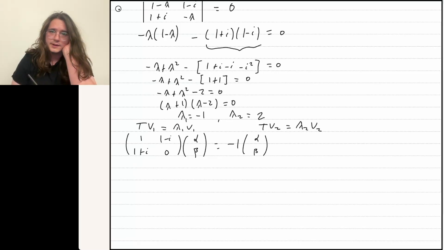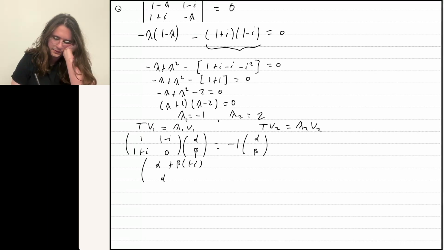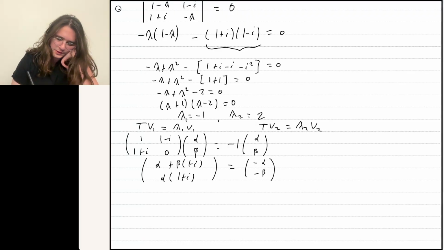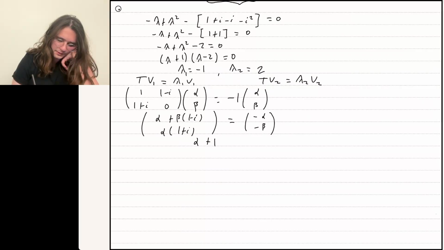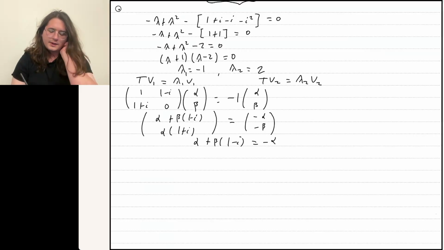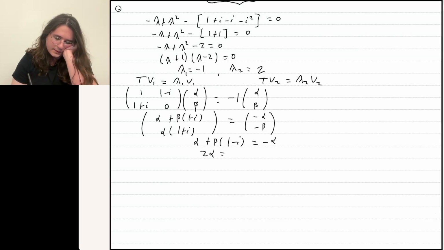Carrying out the matrix multiplication on the left hand side, we have alpha plus beta times 1 minus i, and then alpha times 1 plus i equals minus alpha minus beta. But we really only need the first element of those to solve for this. So we have alpha plus beta times 1 minus i equals minus alpha. Adding up the alphas on either side, we'll have 2 alpha equals minus beta times 1 minus i. And that's it, actually.